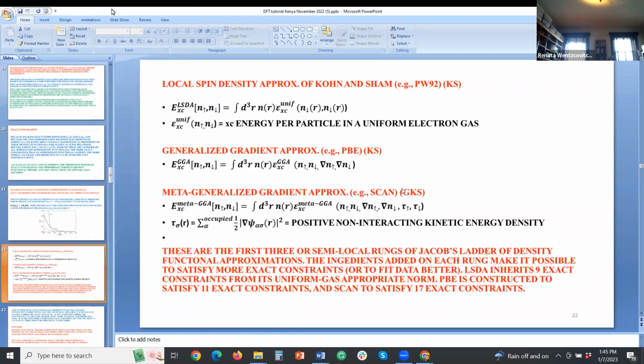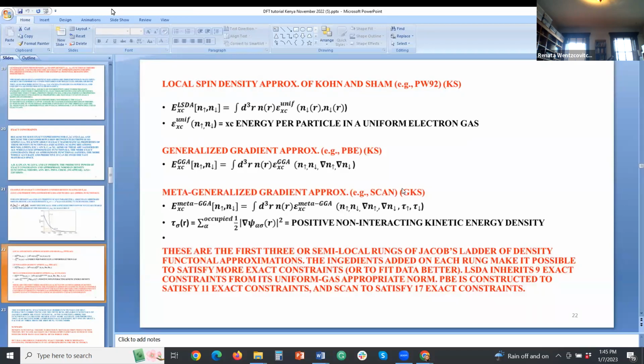We know the exchange-correlation energy per particle of a uniform electron gas from accurate quantum Monte Carlo calculations by Ceperley and Alder. And simply by being right for the uniform electron gas, LSDA satisfies 9 of the 20 known exact constraints.